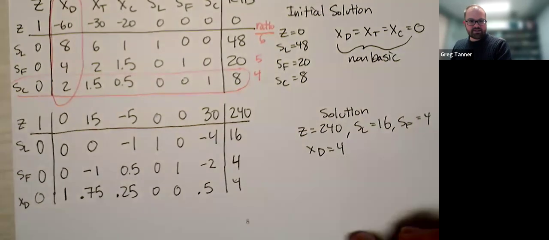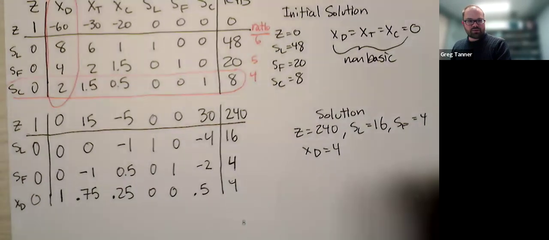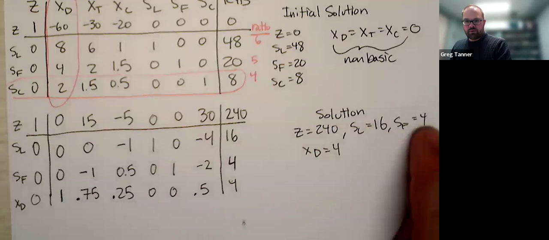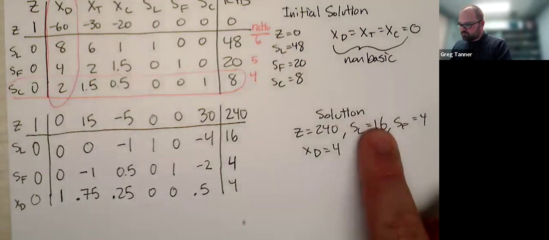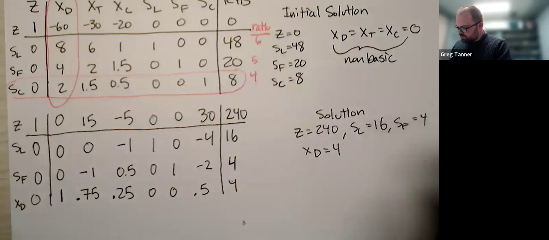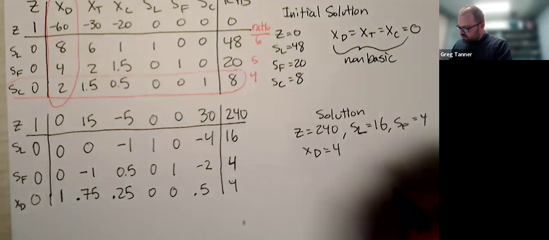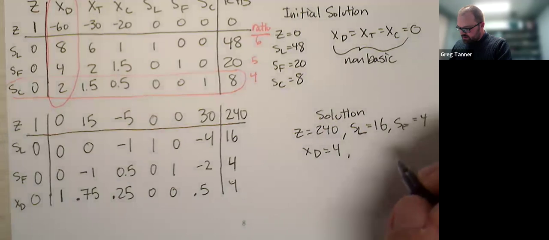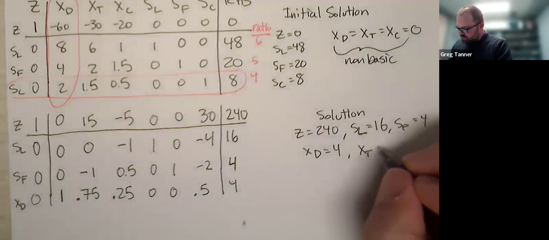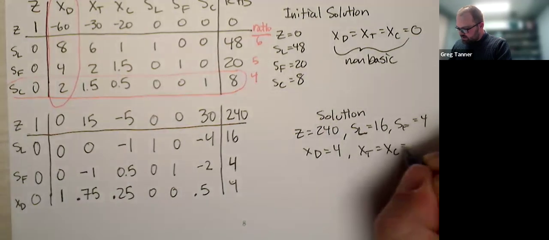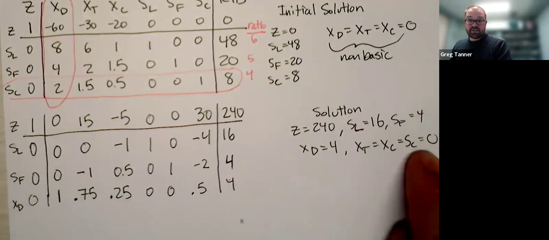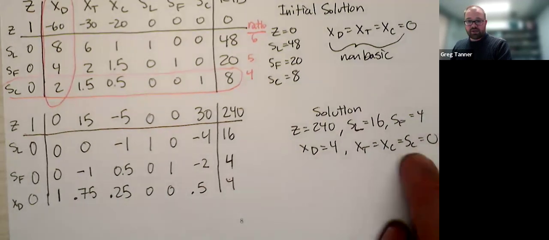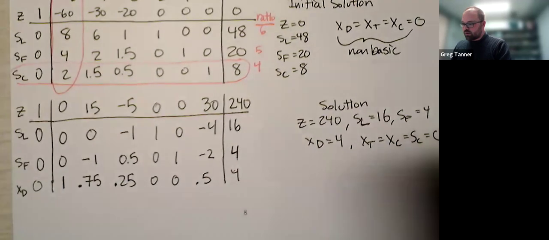So we're making 4 desks here, no tables, no chairs, and we still have quite a bit of slack in our finishing hours and in our lumber. This is an SL. But then let's see, XT equals XC equals SC equals 0. So we're making no tables, no chairs, and we have no slack in our carpentry constraint. Okay, we're using all our carpentry hours.